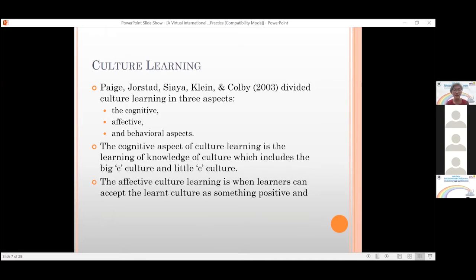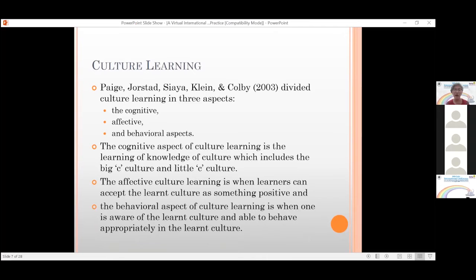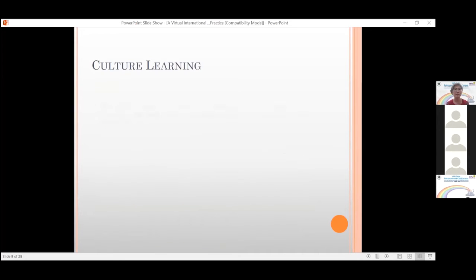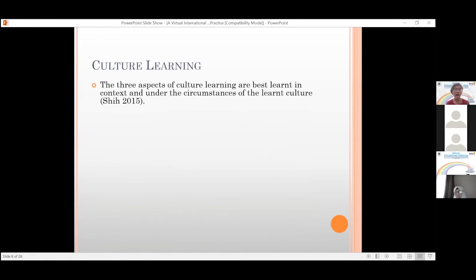The affective culture learning is when learners can accept the learned culture as something positive, while the behavioral aspect of cultural learning is when one is aware of the learned culture and able to behave appropriately in the learned culture. And the 3 aspects of cultural learning are best learned in context and under the circumstances of the learned culture.